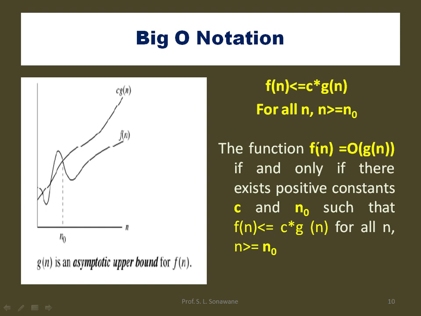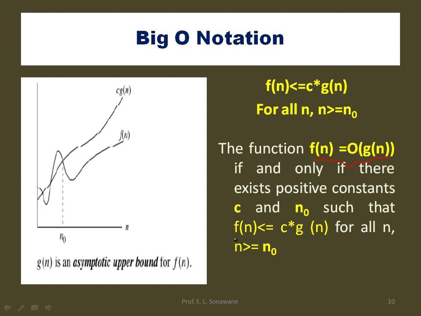The function f of n is equal to big O of g of n if and only if there exist positive constants c and n0. So there are two positive constants, c and n0; c is a positive constant and n0 is also a positive constant.